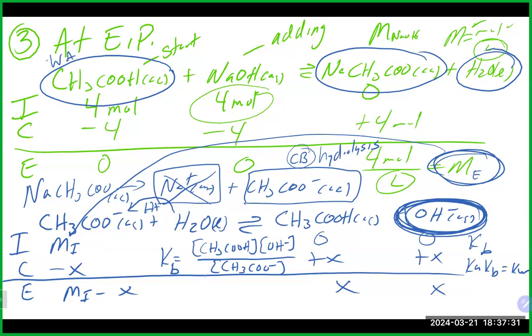Obviously, at this point, we would do like normal. We're going to solve for x. X in this case, though, equals the hydroxide concentration, which means we then could get to the pOH and then to the pH.